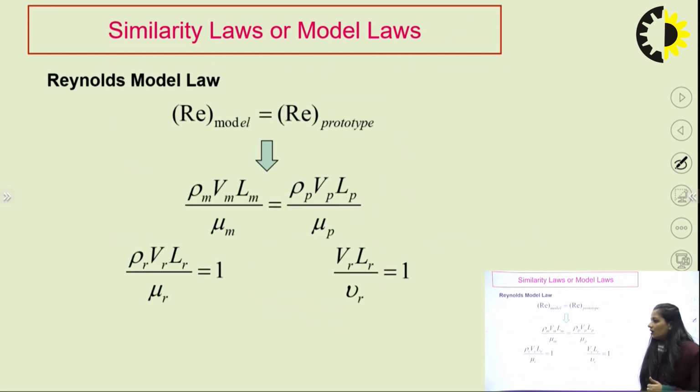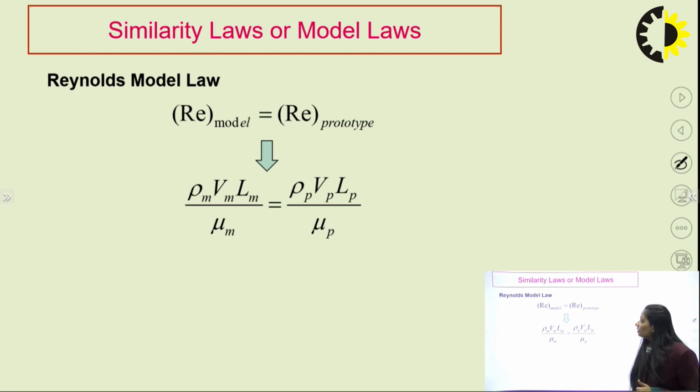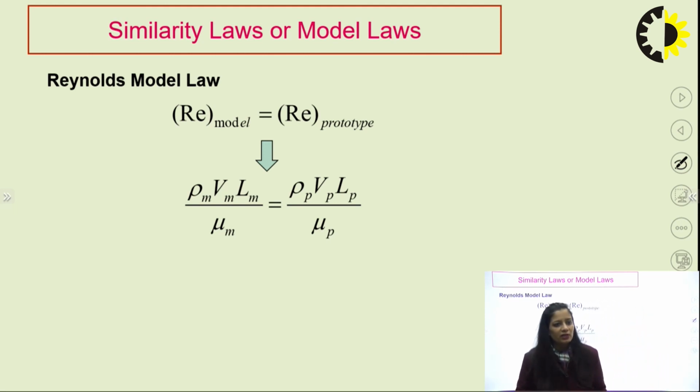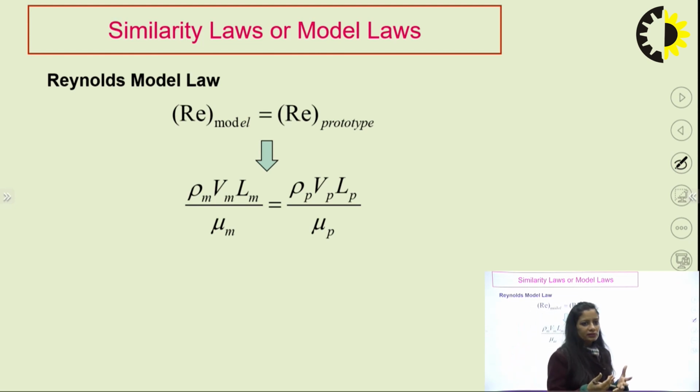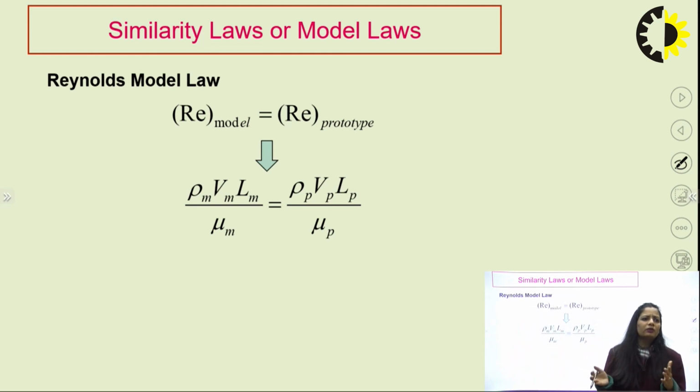Next, what is your similarity law or model law? Whatever dimensionless numbers we have studied, if we apply the dimensionless number similarity in a particular flow phenomenon, then we get our model law. Let us suppose we apply the Reynolds number between prototype and model.